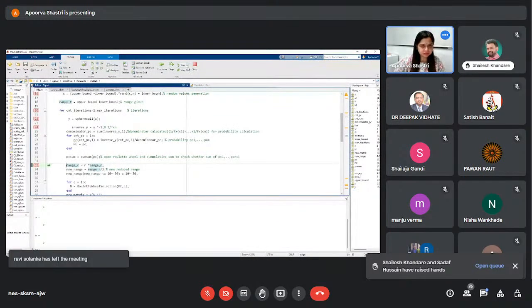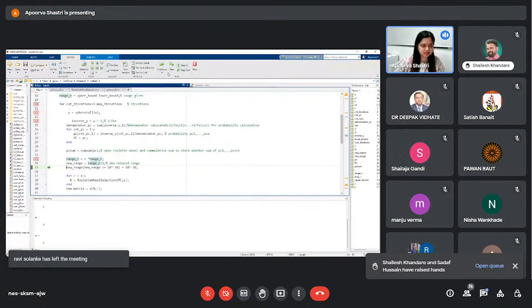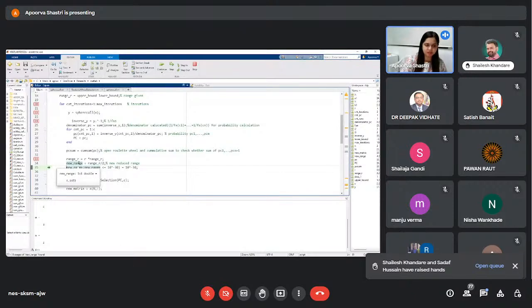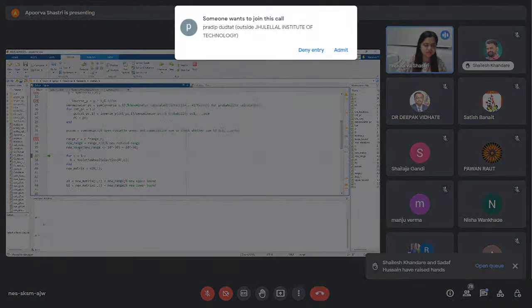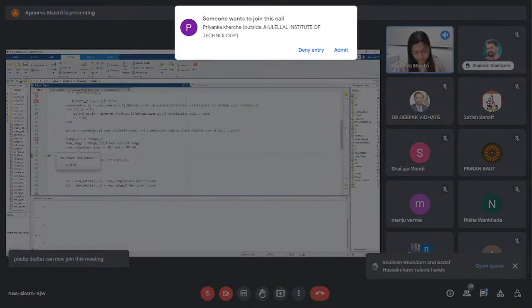Then new range calculation is done. So the new range is calculated as 4.14 because we have multiplied the range with 0.9 and divided it by 2. So this is our new range. Okay. And then just check whether the new range is going below 10 to the power minus 30.